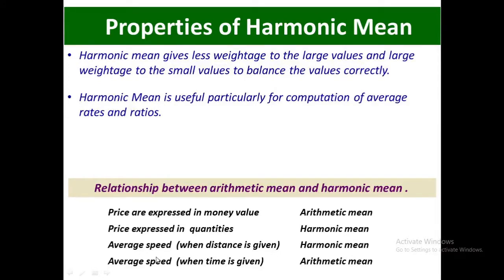Similarly, in the case of average speed in km per hour, the harmonic mean should be computed. However, the arithmetic mean would be the best average if the hours or the time of the journey are given. This concept will be clearer later in this video when we take some examples to understand when and where we have to use harmonic mean and when and where we have to use arithmetic mean.